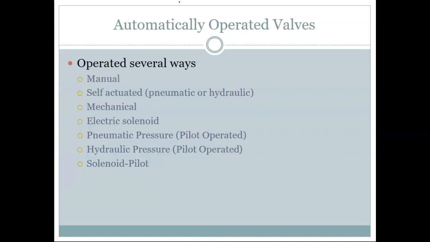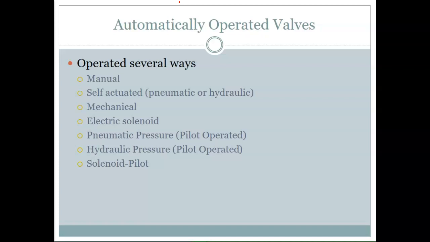All right. So we can operate them, automatically operate several ways. They can be self-actuated, mechanically actuated, electrical solenoid, pneumatic pressure, hydraulic pressure, solenoid, pilot. Let me put it this way.